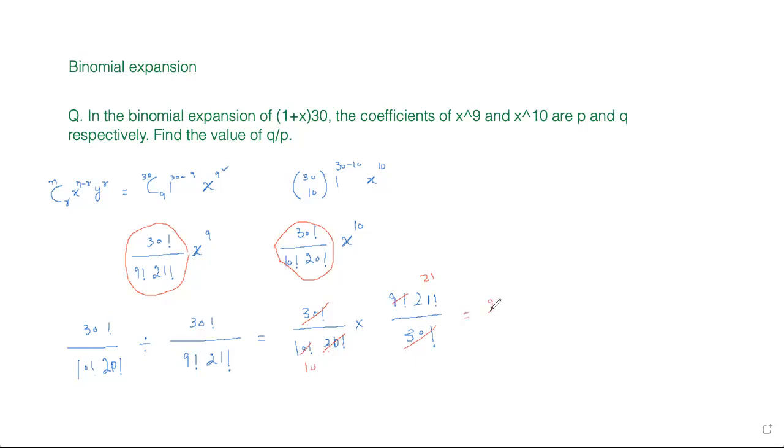So the answer is 21 divided by 10, meaning our answer is 2.1. So this is our final answer.